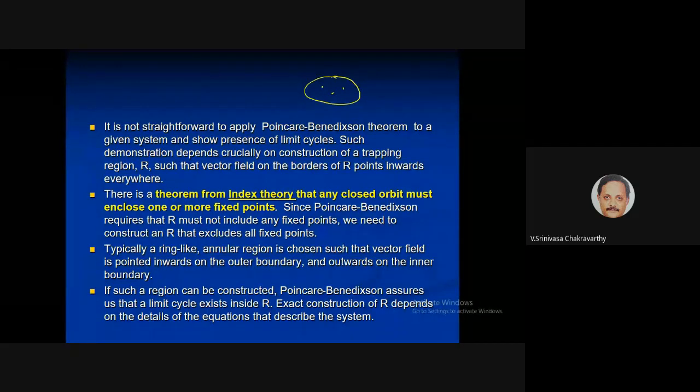And how do I choose my region R? So there's a small contradiction here. For that, what people normally do is choose a ring-like annular region. Because there's a limit cycle, I won't be able to go out, but since there are fixed points inside, I'll choose a region which is like that.